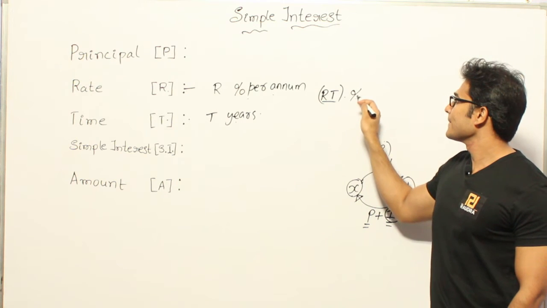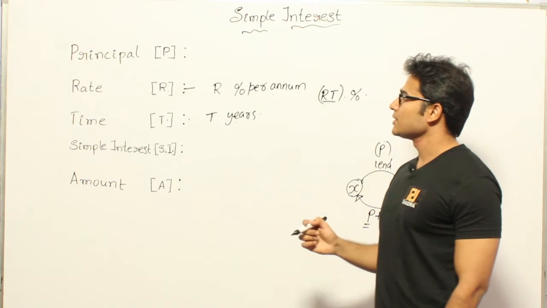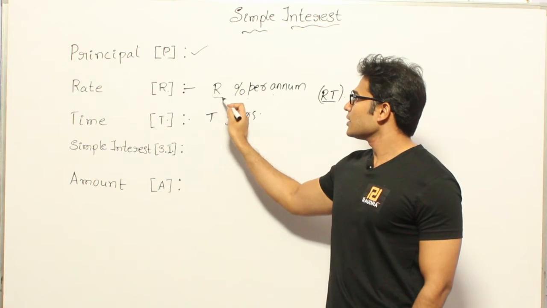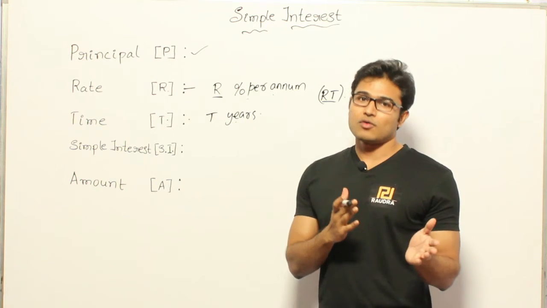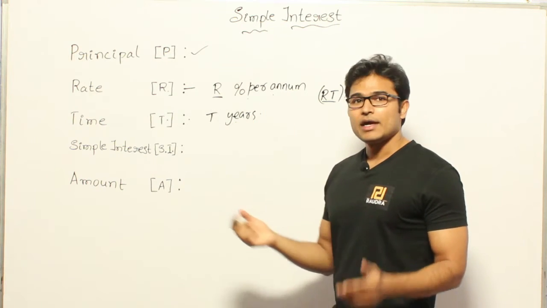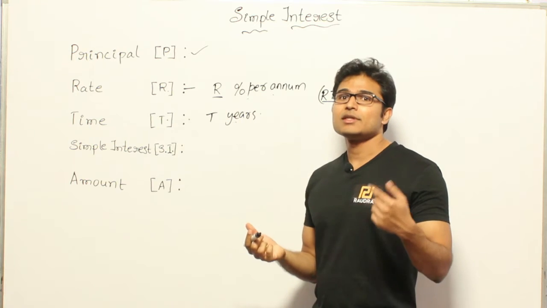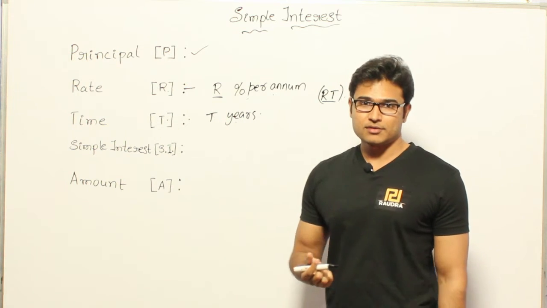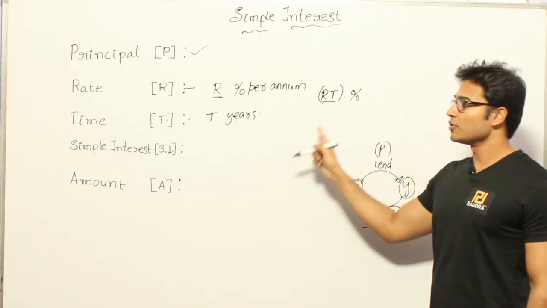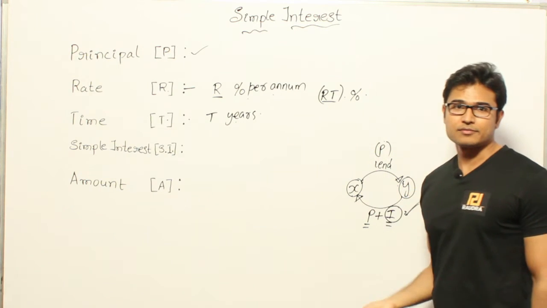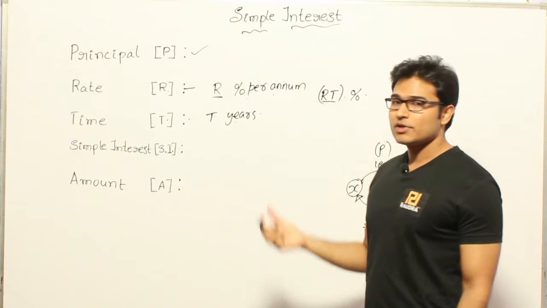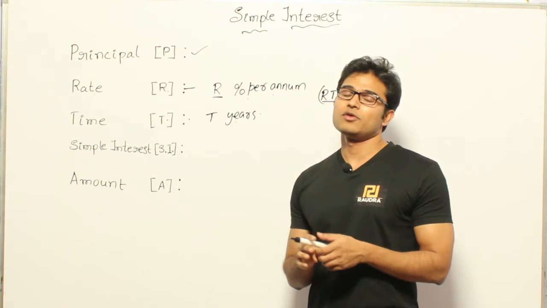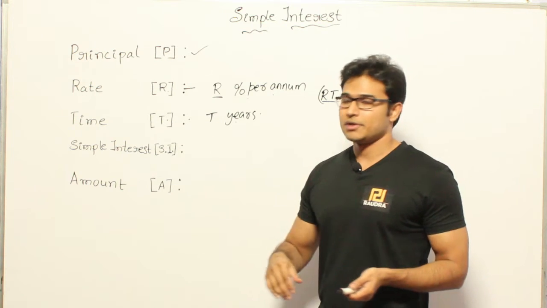Got it? Now just see this. Principal is the amount of money you have invested, R is the rate at which you are supposed to get the profit per annum, and T is the number of years that you have invested it for. Therefore the total profit is going to be RT percent, isn't it? And that total profit is called simple interest. The simple interest is nothing but the total profit that you are going to get from the investment, right?